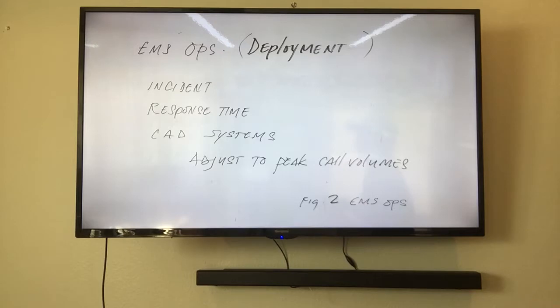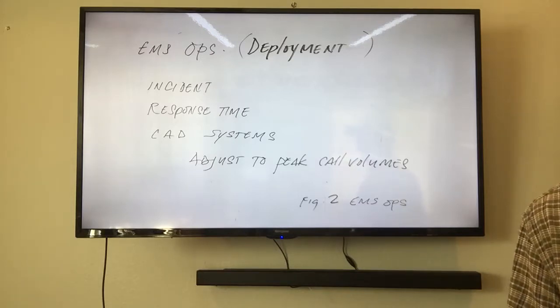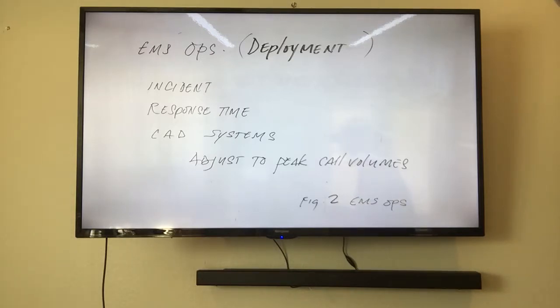So we use CAD systems to aid our dispatching and to adjust the number of units and our response times based on those peak call volumes. For example, in system status management, we would have agreements to deploy our backup contract so that we have more EMS units to respond to the peak call volumes.